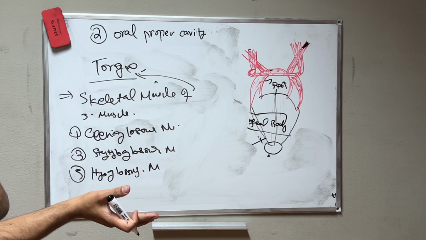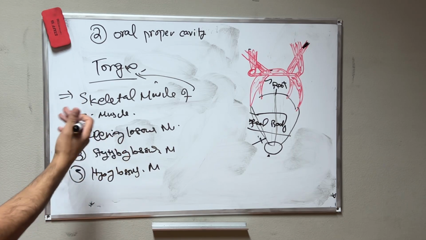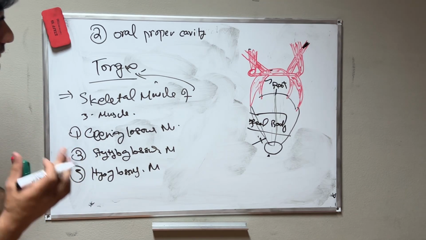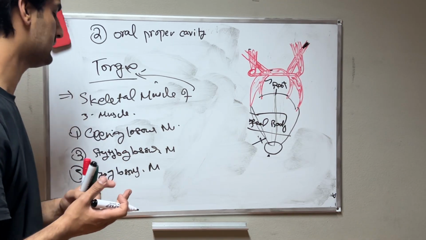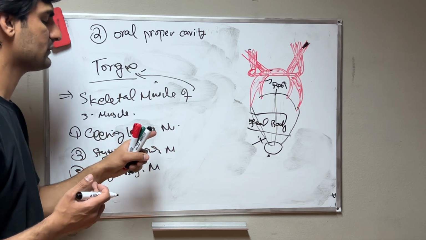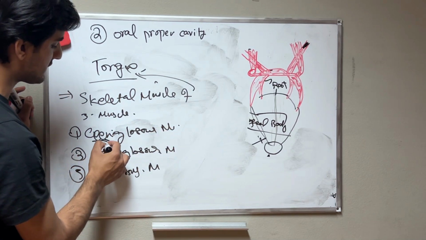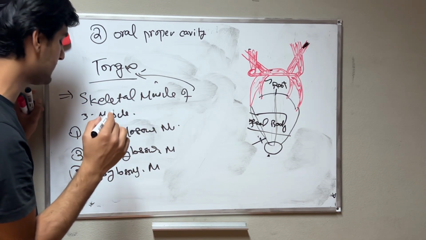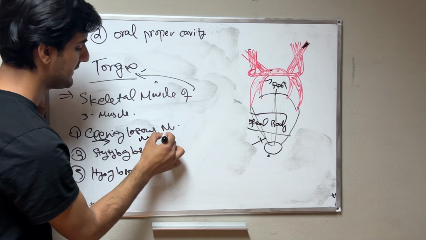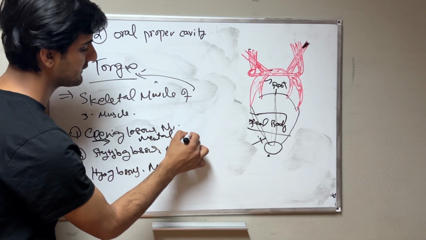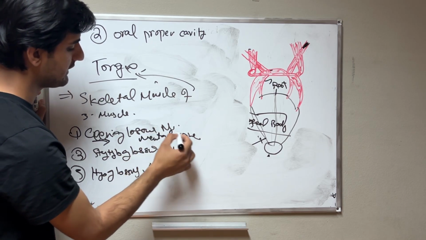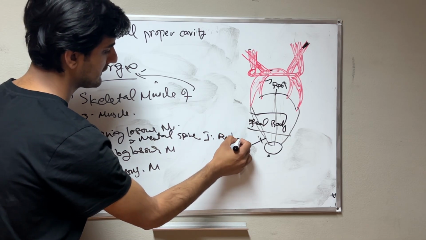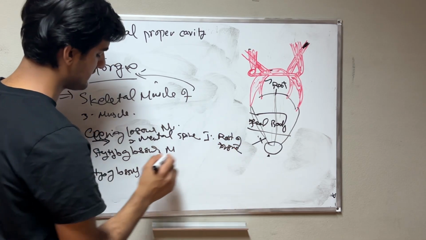I only want to tell about the origin and insertion, which is very simple, because in splanchnology we discuss smooth muscle, but I added this skeletal muscle because it connects with the bone. The genioglossus, like the geniohyoid muscle which we discussed in the suprahyoid, originates from the superior mental spine, and the insertion is the root of the tongue.